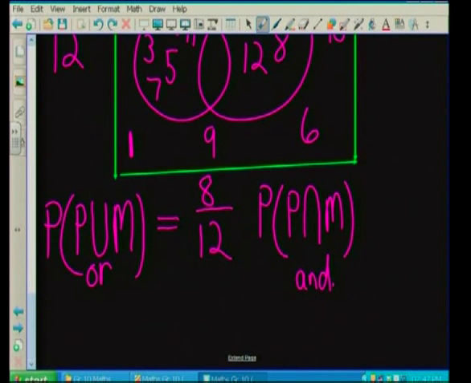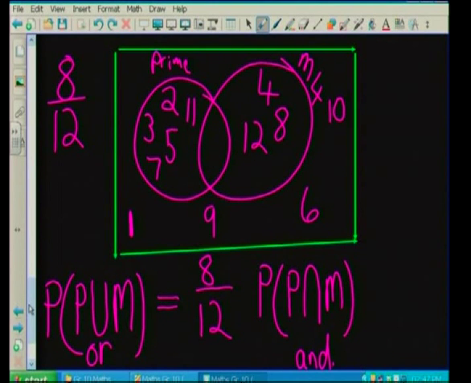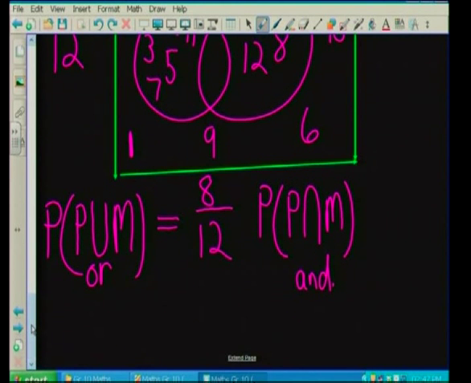So that means it has to be a prime number and it has to be a multiple of 4. Now, if we go and have a look at our diagram, there is nothing in the intersection. There is nothing in the intersection area, so therefore the probability of getting a prime number and a multiple of 4 is 0 out of 12, which is, of course, 0, and I can then say that it is impossible.